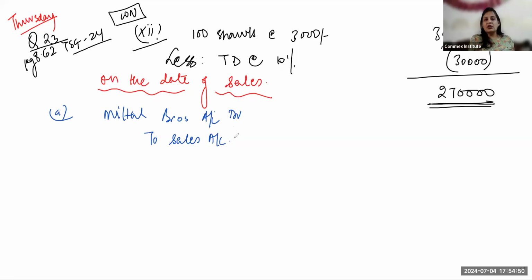Revenue recognition principle: whether you receive the payment or not, if the delivery has been made, that's your sales. Sales account should be credited on that date. So that is your revenue recognition principle. Sales made to Mittal Brothers, credit sales to Mittal Brothers.